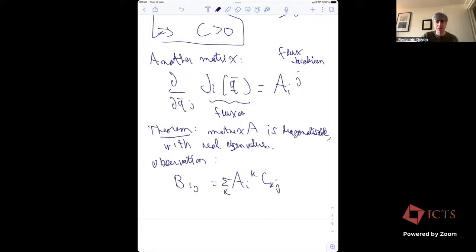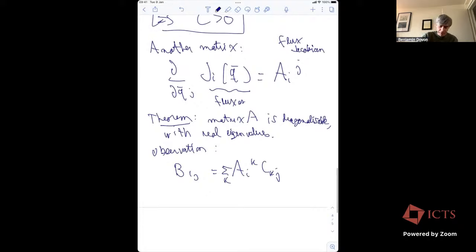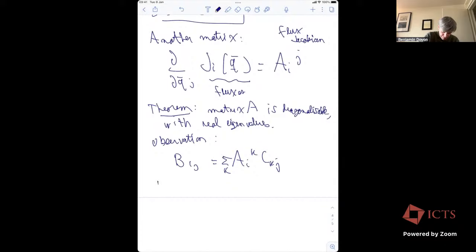You see how it's useful to have indices up and down, like in relativity. This matrix B is, of course, real, and symmetric: B transpose is equal to B.